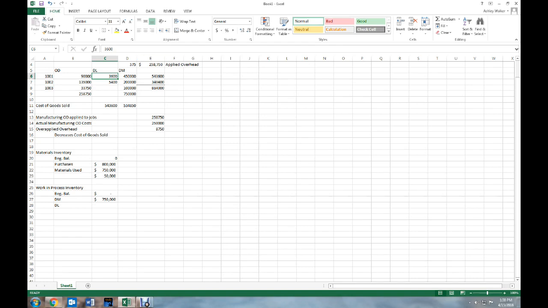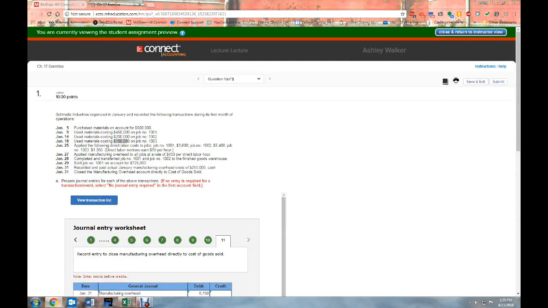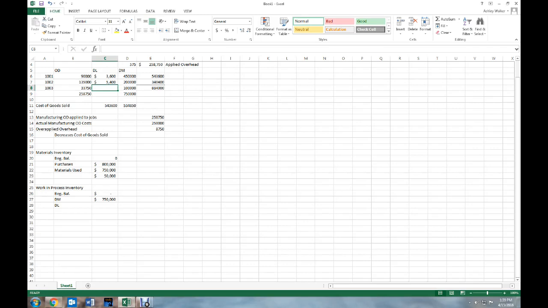Remember, it was $3,600. Direct labor, 5,400 for 1002. Direct labor for 1003 was 1,350. So all those added together have to be our total direct labor costs for all 3 jobs, so 10,350.